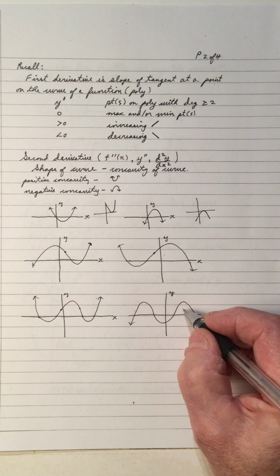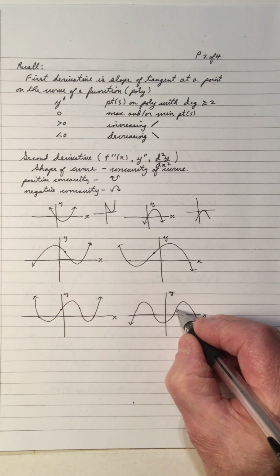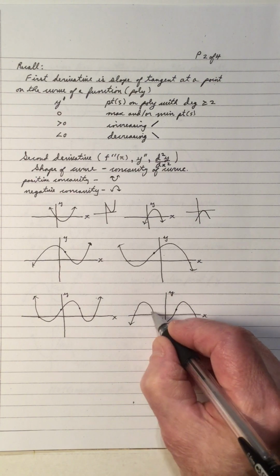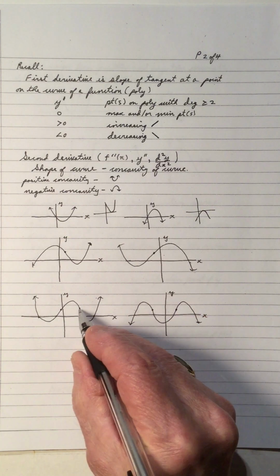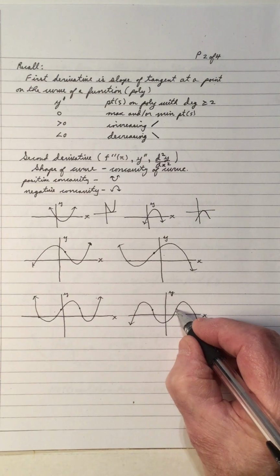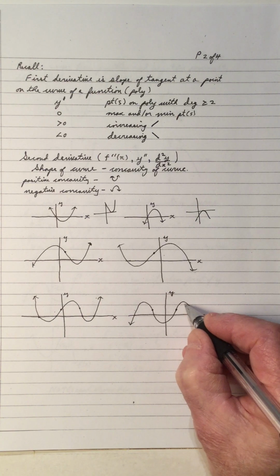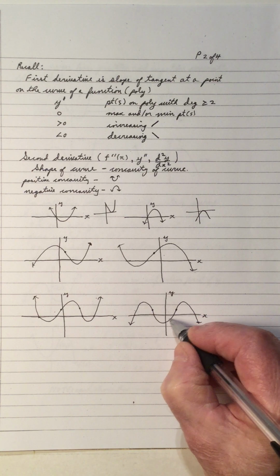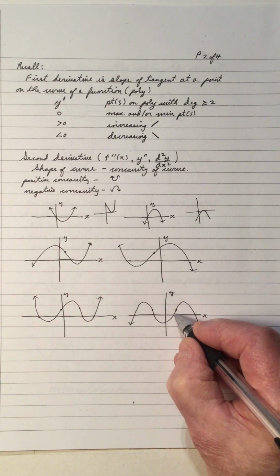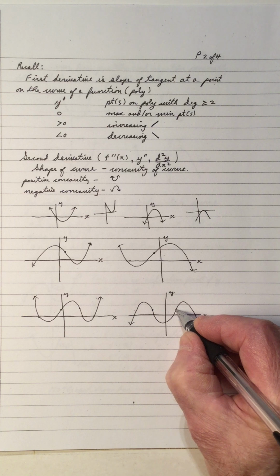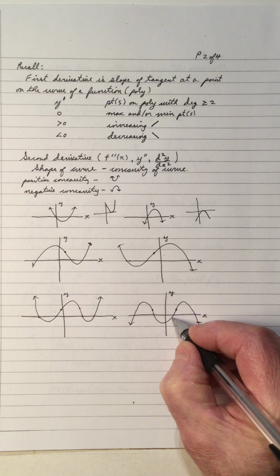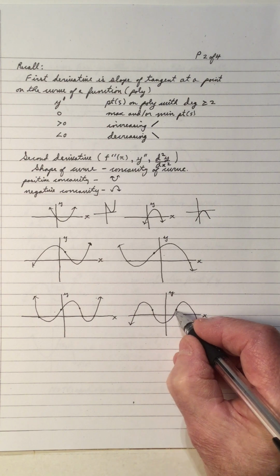And this quartic has 2 points, again very similar to this one. So for this point right here, on the right side, it's concave downward, and the second derivative is less than 0. On the left side, the concavity is positive, so the double derivative for this point is greater than 0.